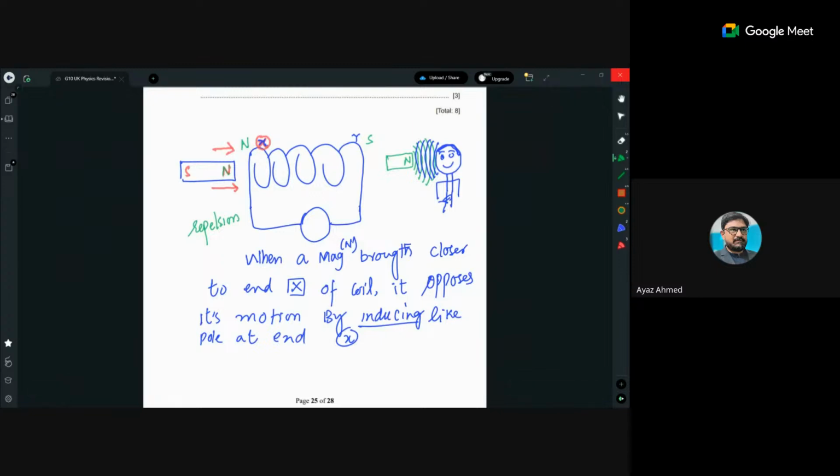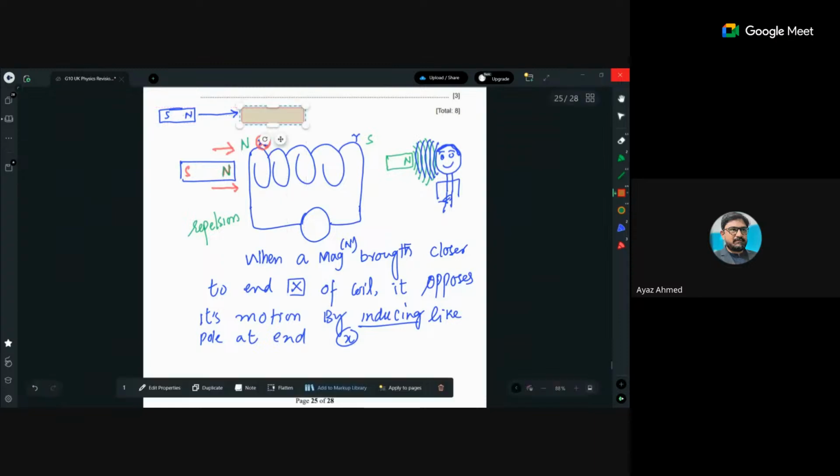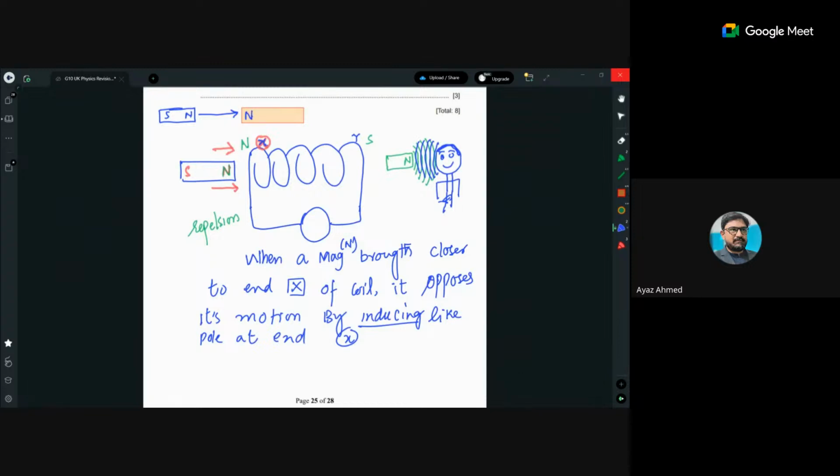To oppose the north pole of the magnet, what do I need? A like pole, na, repulsion. If I have a north pole, and this is your south pole, and this is moving in this way, and you want to stop it, so what will you do? Either you will apply your hand. No, we will not. We want to stop it by magnetism. So when we want to stop it by magnetism, how will it be stopped? If there is a magnet in front of it and it has the same north pole, it will be stopped.